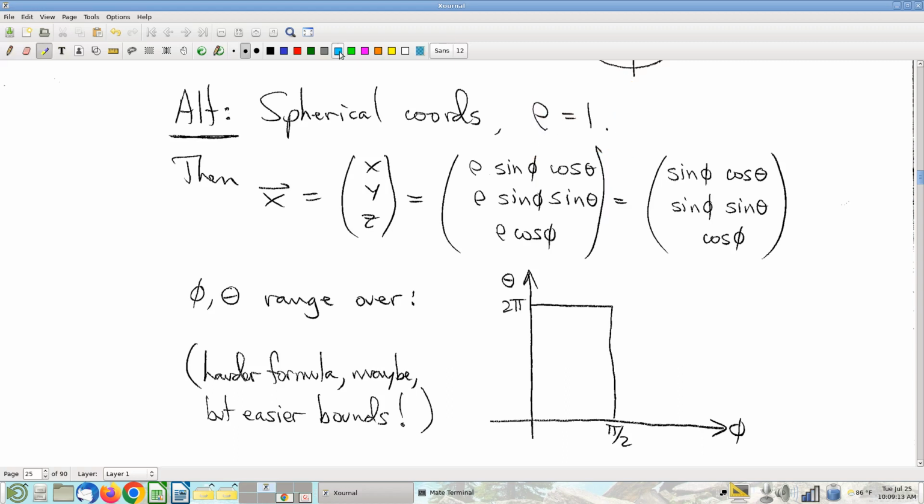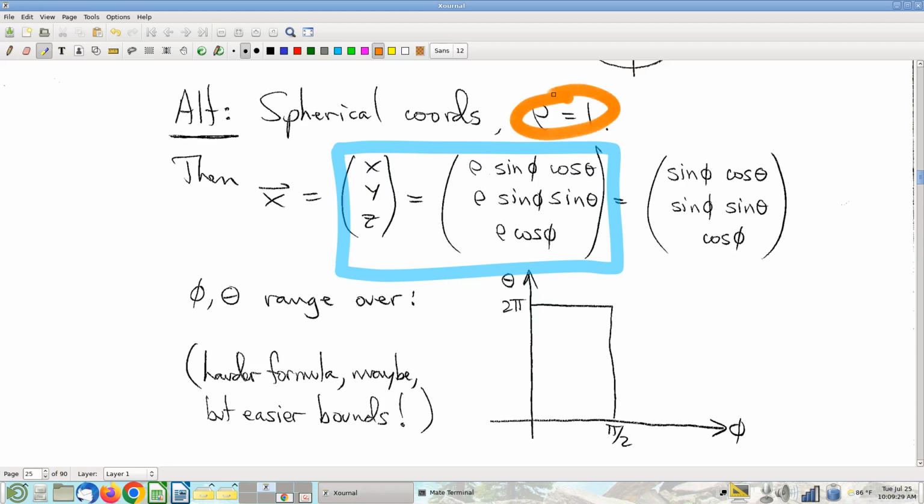The only little twist is you do have to start with the conversion formulas for x, y, and z. After all, x, y, and z are always these in terms of the spherical coordinates, and then just plug in the spherical variable that you've solved for. It'll usually be rho.